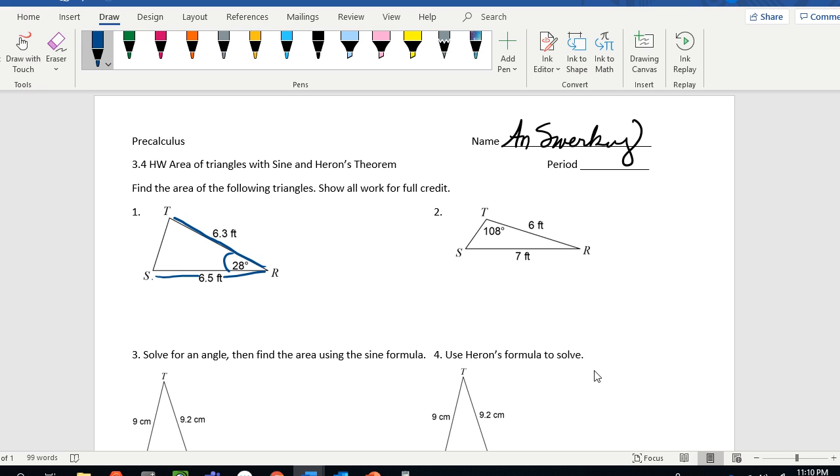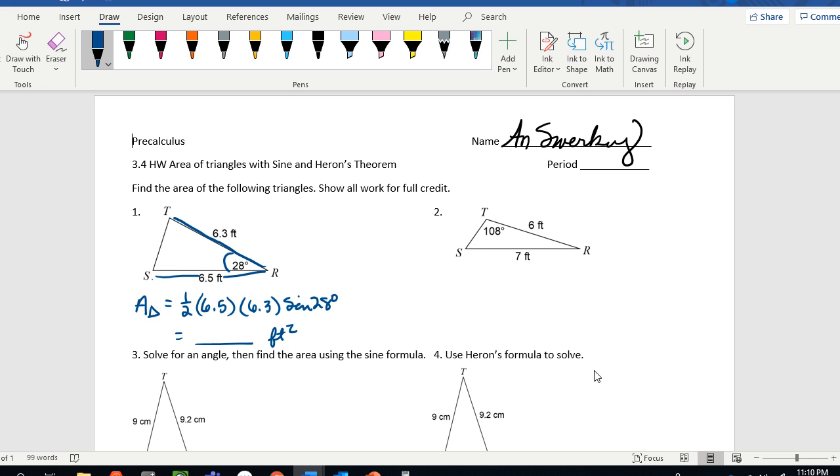So right away, this is strictly just area of a triangle is equal to 1/2 times 6.5 times 6.3 times sine of 28 degrees, and you plug this in a calculator, you get your answer, and you're done. And you have feet squared because it's an area.